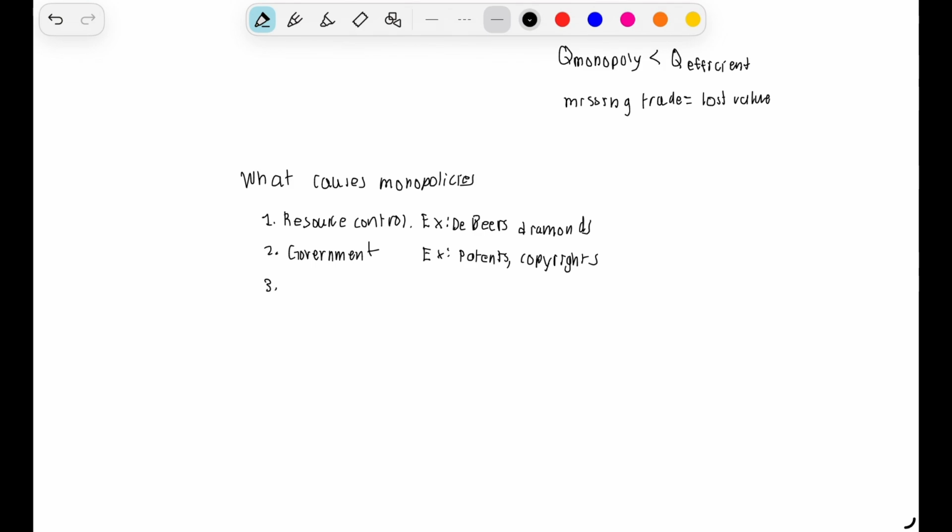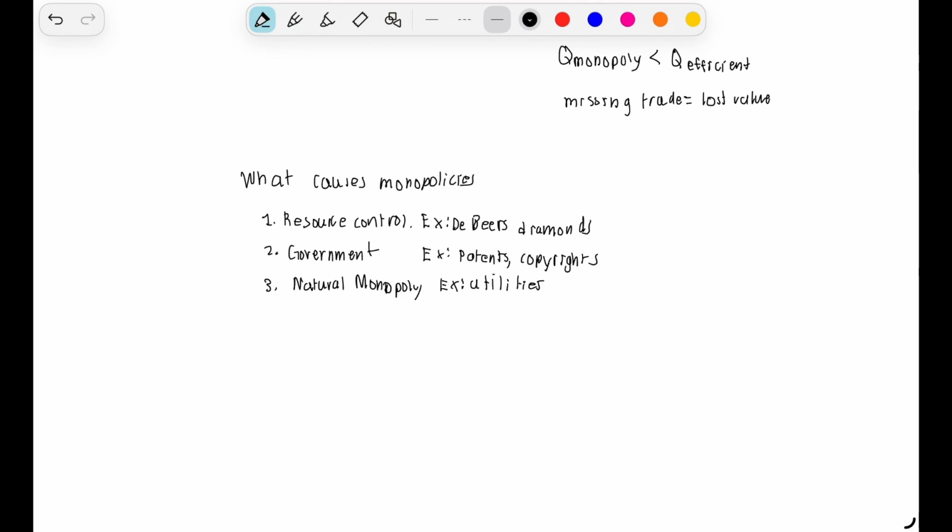And thirdly, when you have a natural monopoly. An example of that would be utilities, because naturally they control all the electricity, for example. A utility, you kind of have to pay that, or water. You just got to pay it because you need it to live.